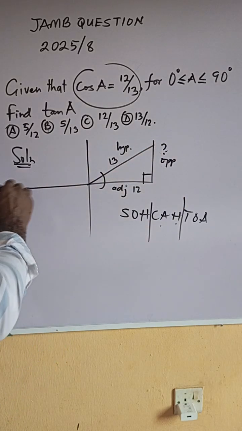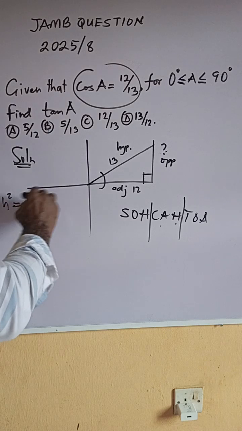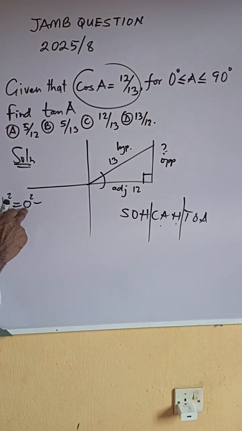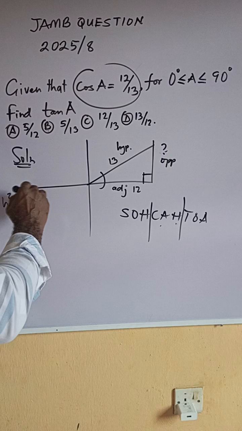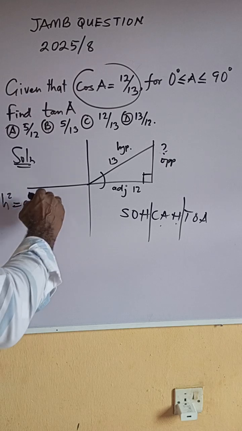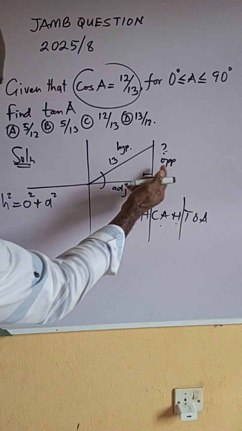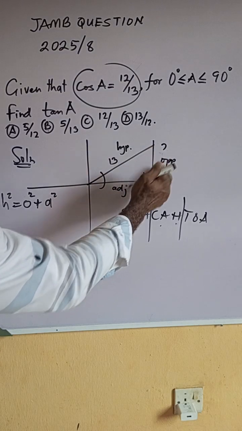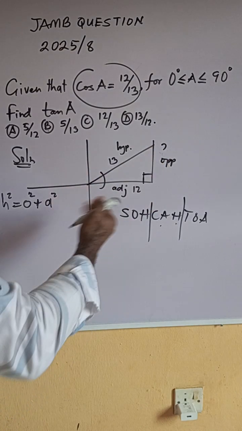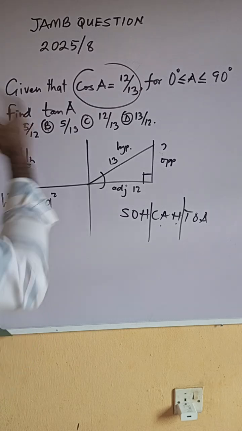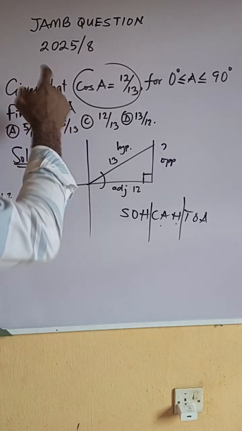So h square is equal to o square plus a square. H stands for hypotenuse, o stands for opposite, a stands for adjacent. So we are trying to determine the value of the opposite, so that we can now proceed and get tan A.